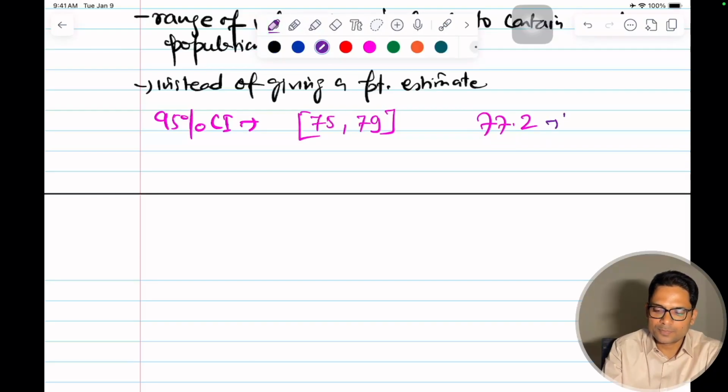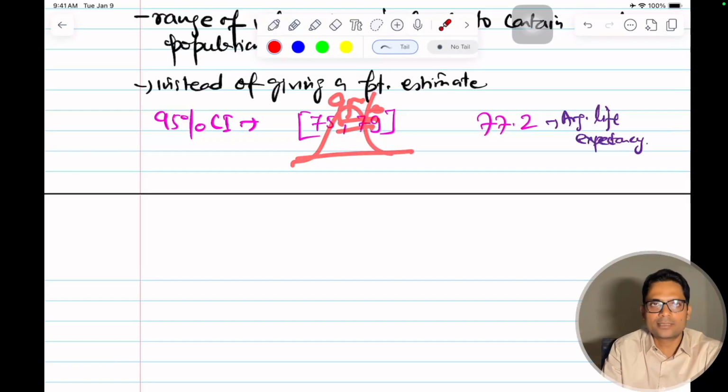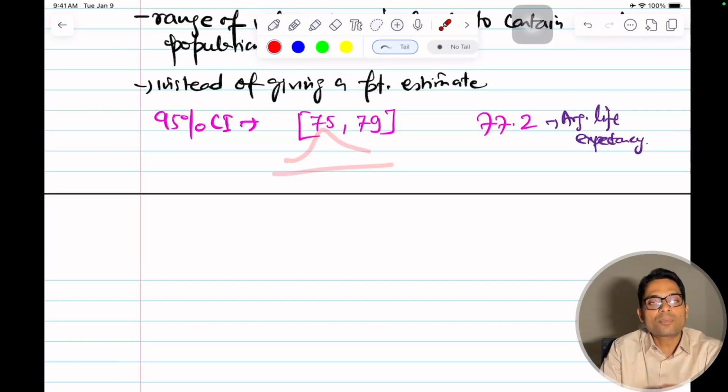That is my average life expectancy. So I say with 95% confidence that this is one point, and I cannot say that there is a 95% probability. We give probability for a probability distribution.